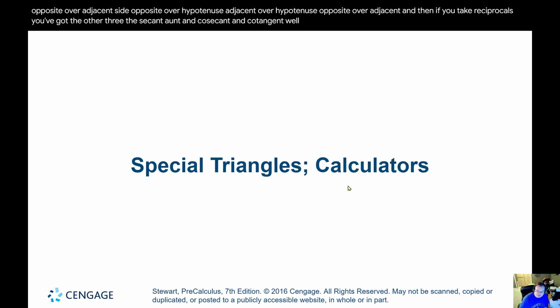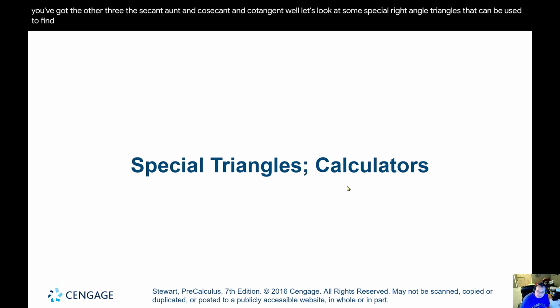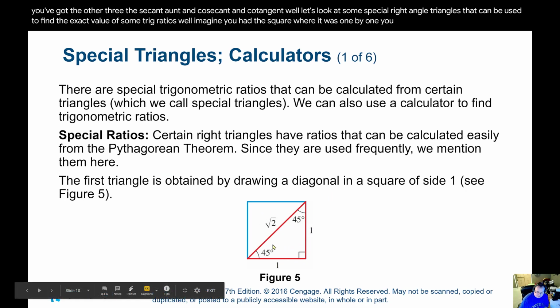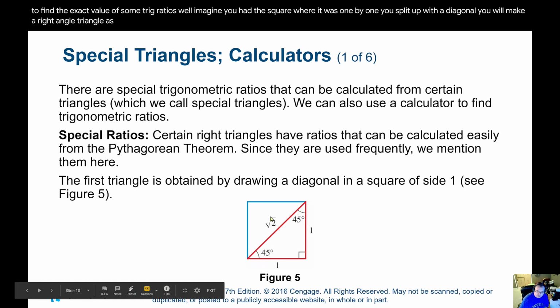Well, let's look at some special right angle triangles that can be used to find the exact value of some trig ratios. Well, imagine you had a square where it was 1 by 1. You split it with a diagonal. You will make a right angle triangle, and it's not hard to show that this length is root 2.